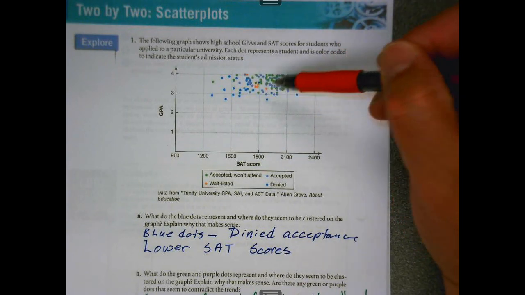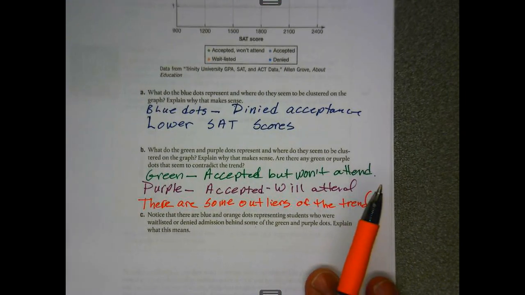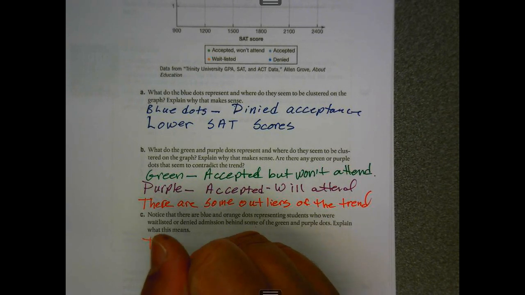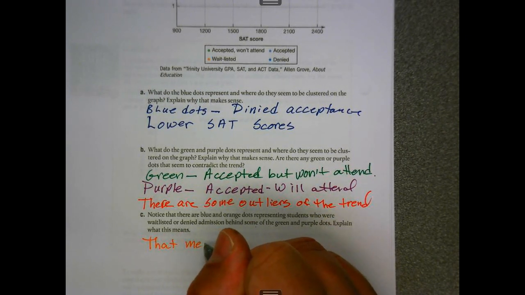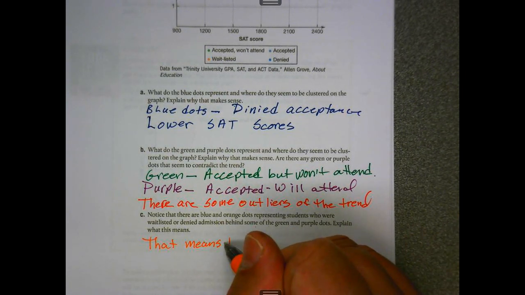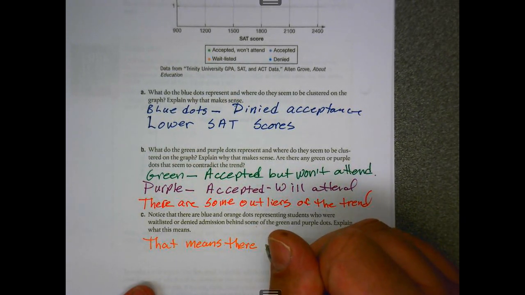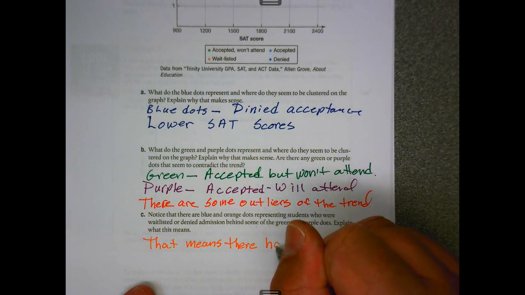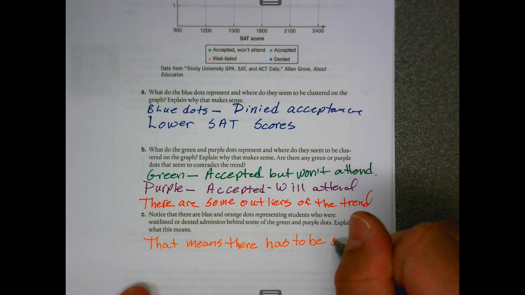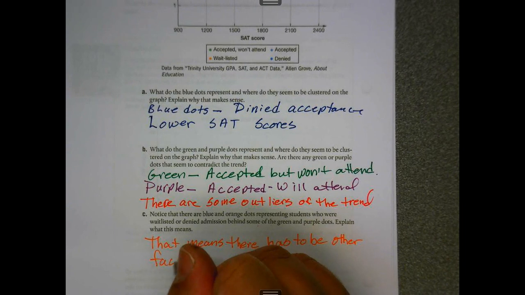And they're asking, well, why is that? Well, that means there has to be other factors in the decision to accepting students. And we just don't have the information to tell what those factors are.